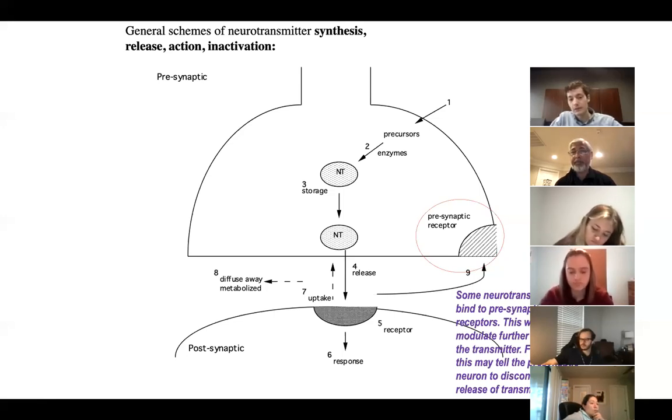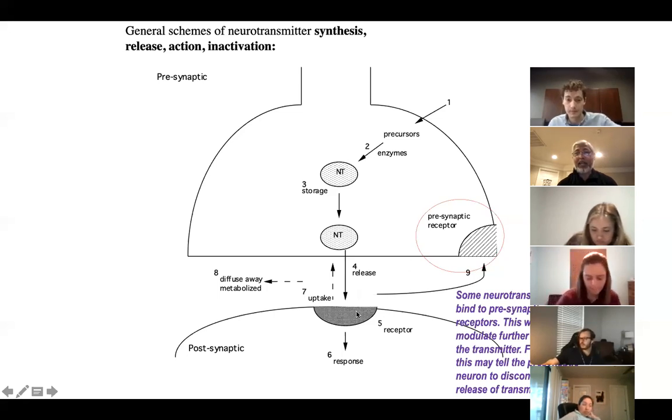Go ahead. Yes. Is the postsynaptic response due to the specific neurotransmitter, or is it due to the cell type that the receptor is on? Yes, good. Both of them are correct, actually, because depending on the cell, it will contain specific receptors, right?